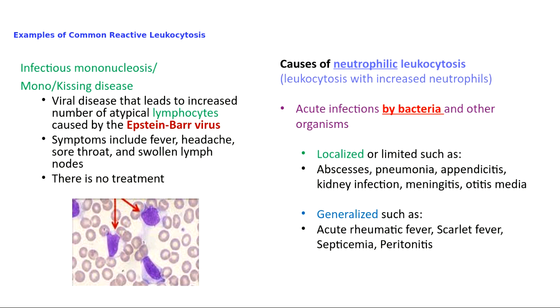Whenever we see a WBC count that is elevated, and then we look at the differential and see that the reason for the leukocytosis is because the lymphocytes are elevated, we usually correlate lymphocytosis with a viral infection. So patients that have infectious mononucleosis, or the kissing disease, that is caused by the Epstein-Barr virus.